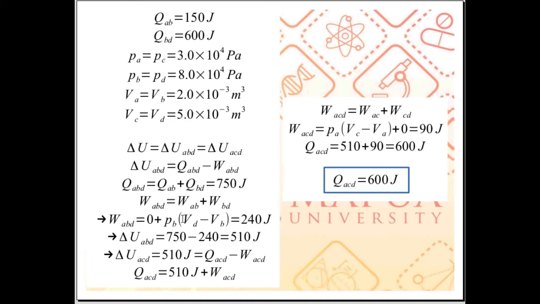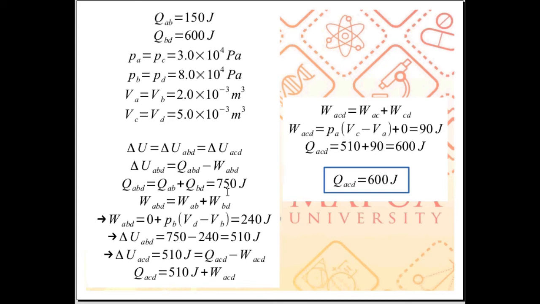Knowing that we know PB and we know VD as well as VB, we are able to calculate WABD to be 240 joules, which means we are now able to get delta UABD.